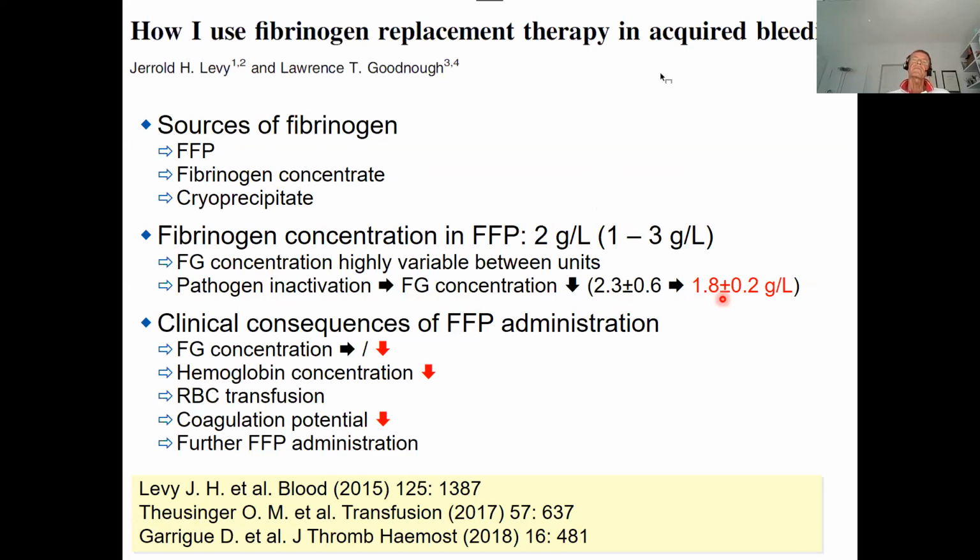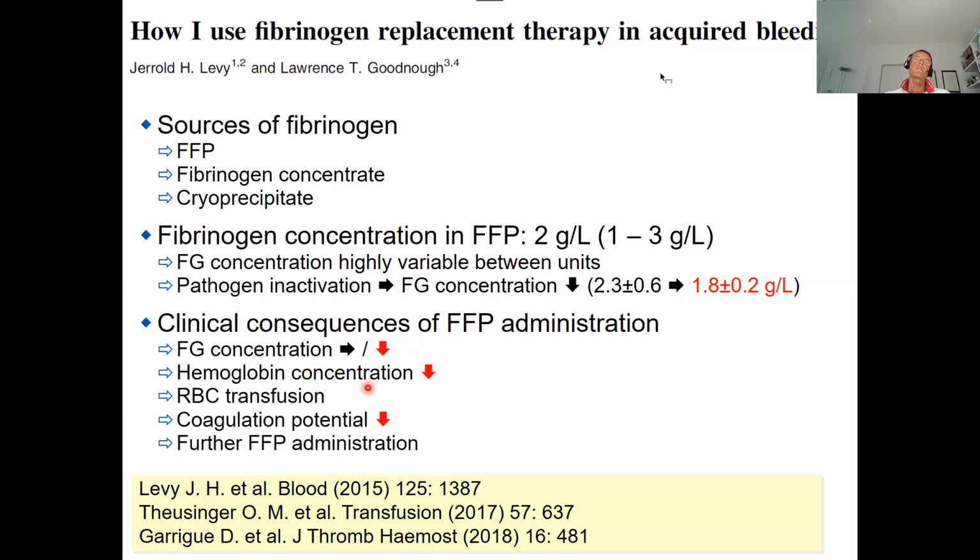And the clinical consequence of giving FFP in the bleeding patient is that fibrinogen concentration is about stable or may even go down. What's certain is that due to the dilutional effect of the FFP administration, the hemoglobin concentration goes down.